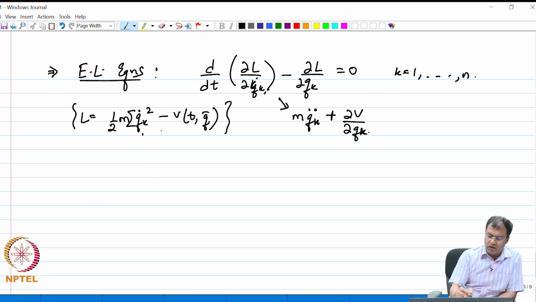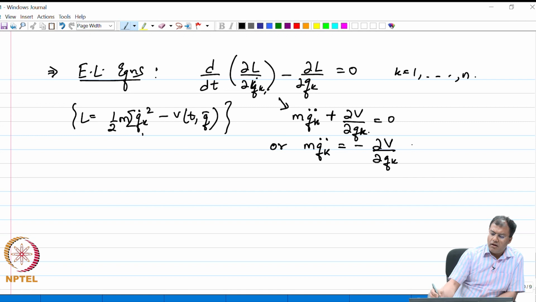It becomes a plus because we have a minus here. So, this is equal to 0, or I have that m q k double dot is equal to minus del V del q k. And people who have done basic Newtonian mechanics will see that the derivative of V with respect to q, or the gradient of V with respect to q, gives us the force on each component, right.